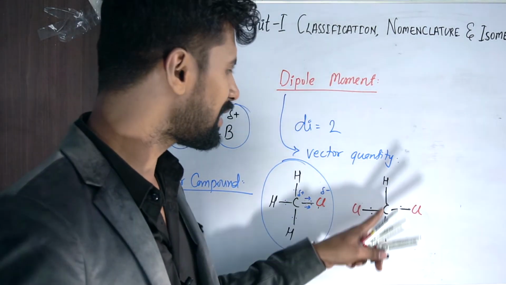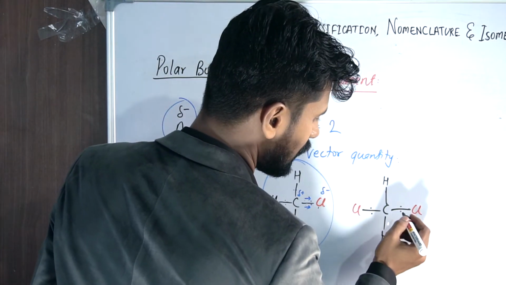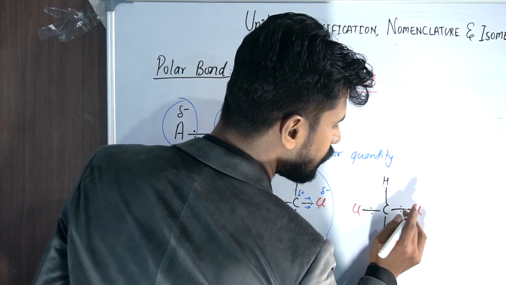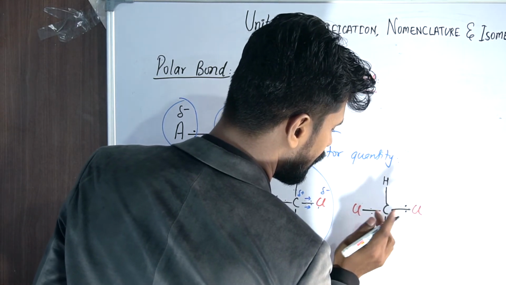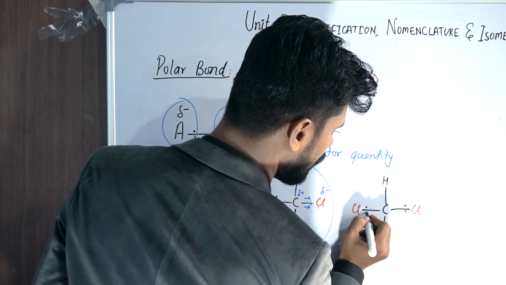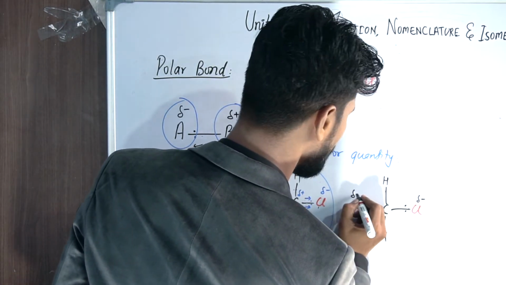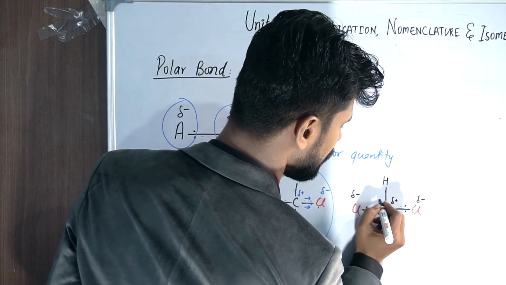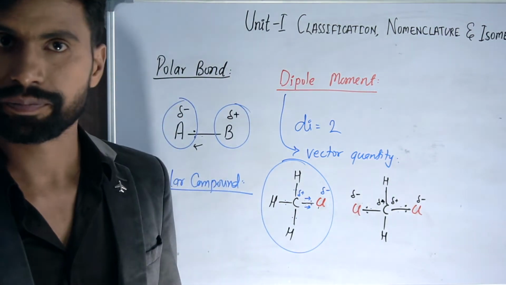We will not discuss carbon and hydrogen because it is clear that they have the same electronegativity. Now this chlorine will pull the electron towards itself, and the same thing happens over the other chlorine also. Here it will develop delta negative, here also delta negative, and delta positive on the carbon, two delta positive on carbon.